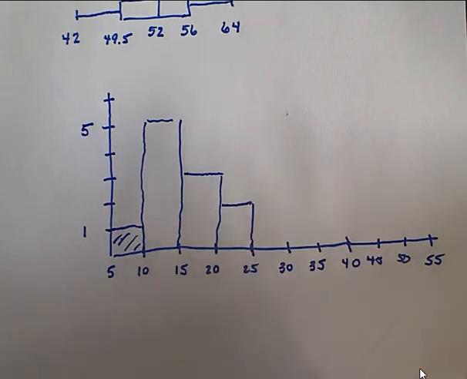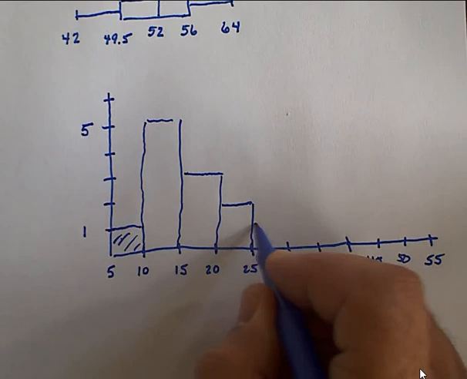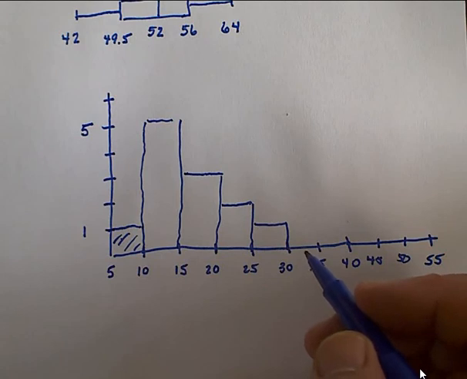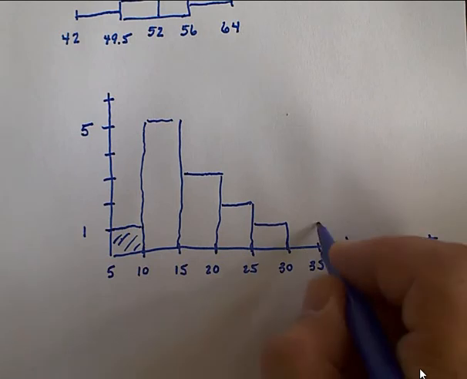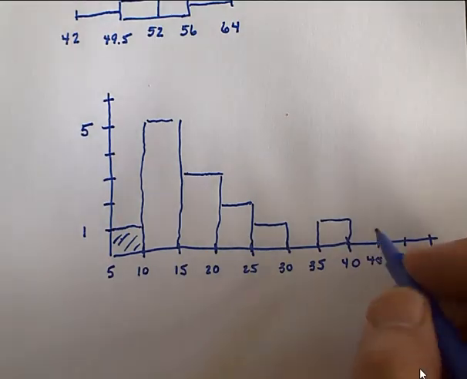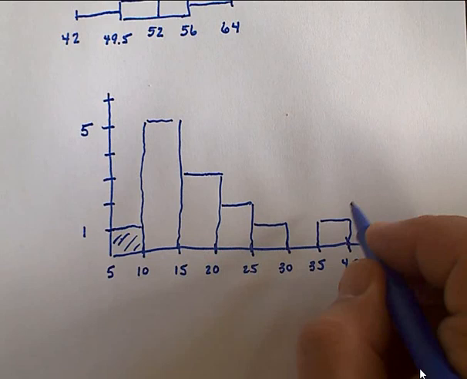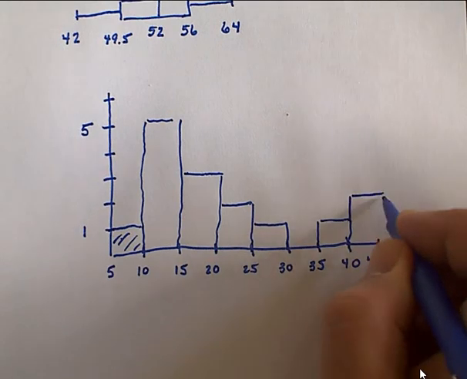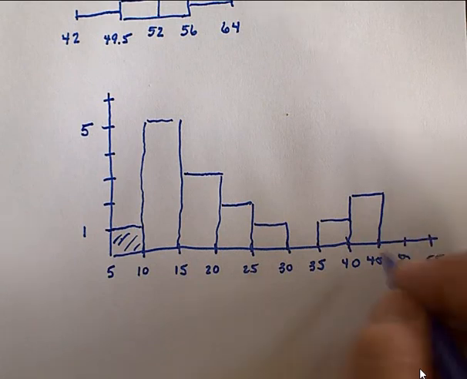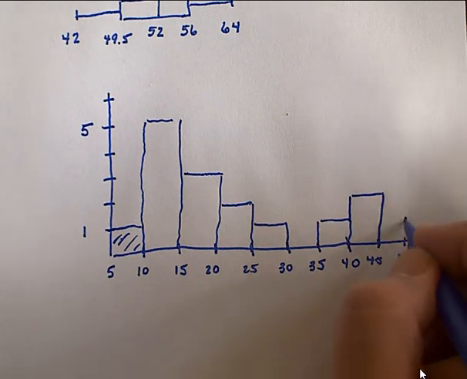Okay, starts at 25 but less than 30. There's 1. From 30 to 35, there are none. 35 to 40, there's 1 in that group. 40 to 45, there are 2. And then 45 to 50, none again. 50 to 55, there's 1.